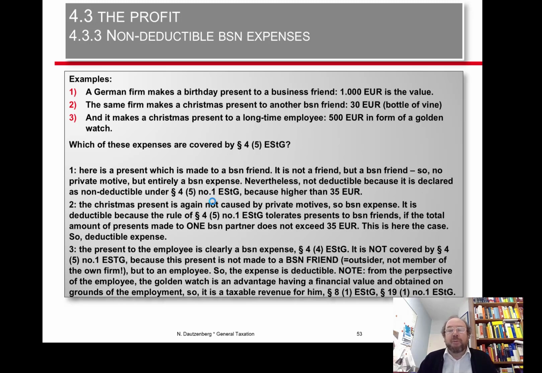That's just a remuneration for his work, and it's kind of a salary. So that's not hit by 4-5, number 1, this is just a wage. So it is deductible for the employer, and surprise, it will be regarded as a non-monetary revenue for the employee, and so for him it will be a part of the taxable income.